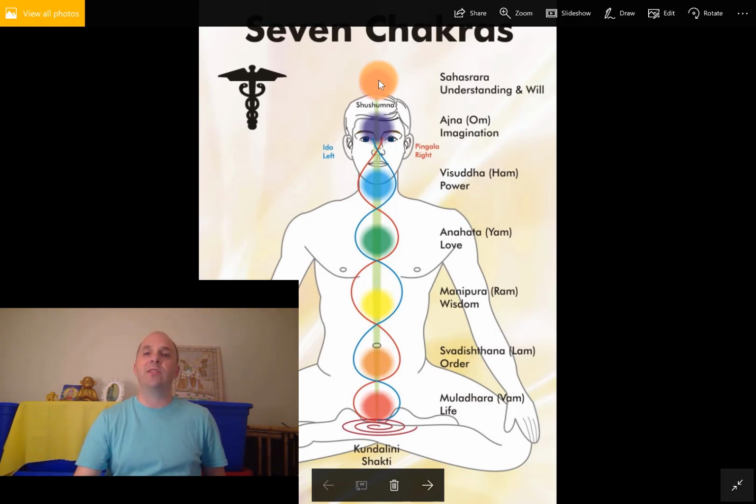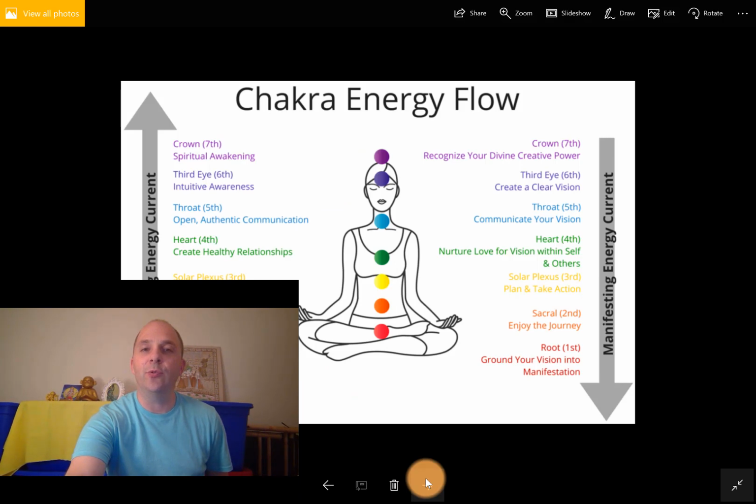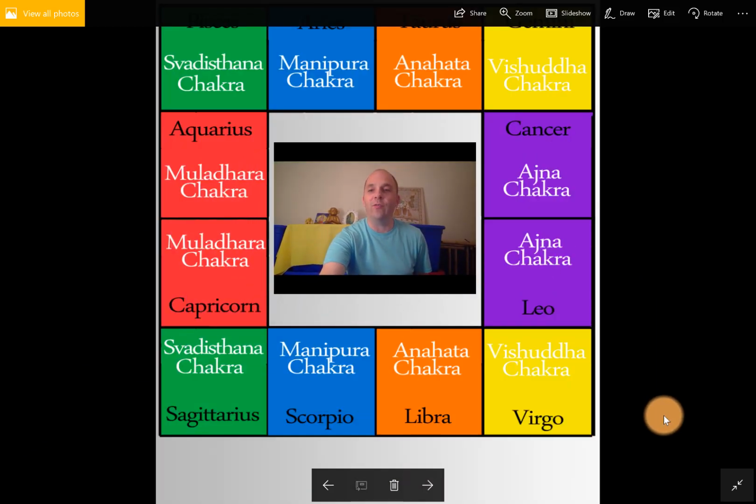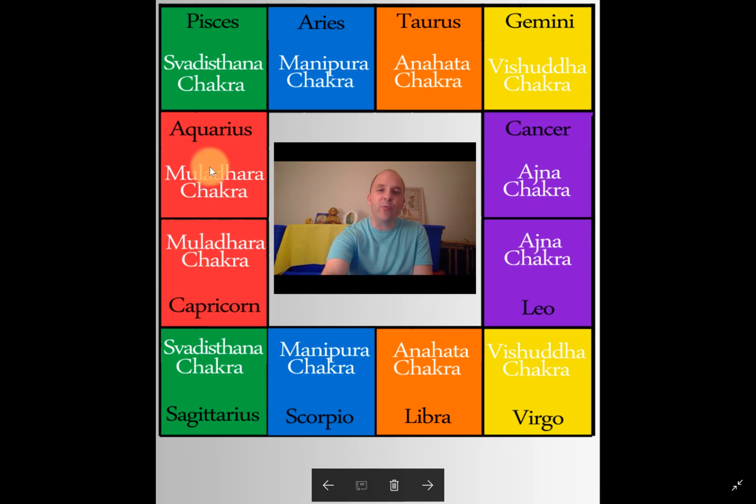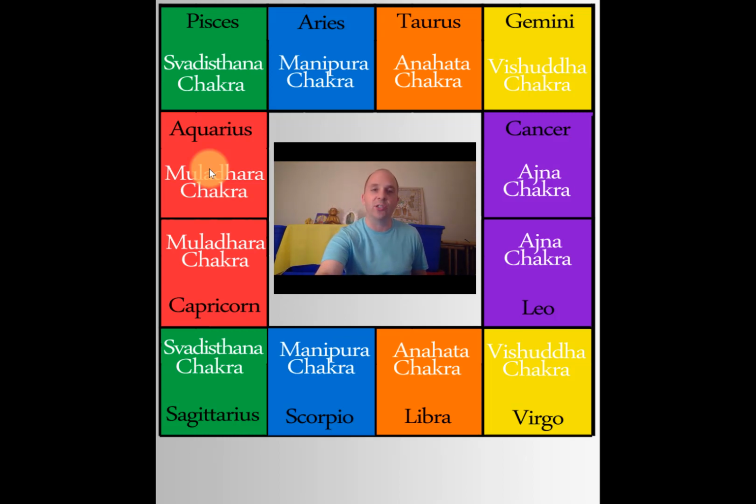So now that we have 6 chakras, it's easily related to 12 rashis. And real quick, pay no heed to the color coding here for these rashis.